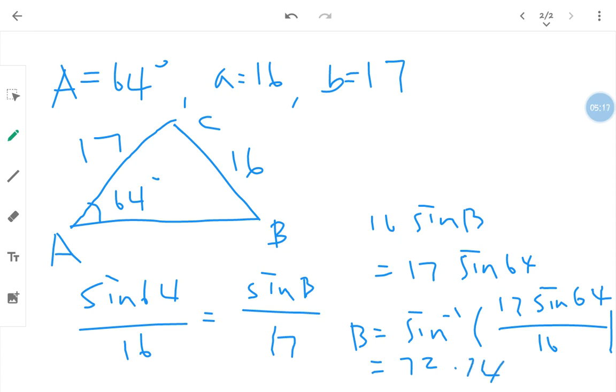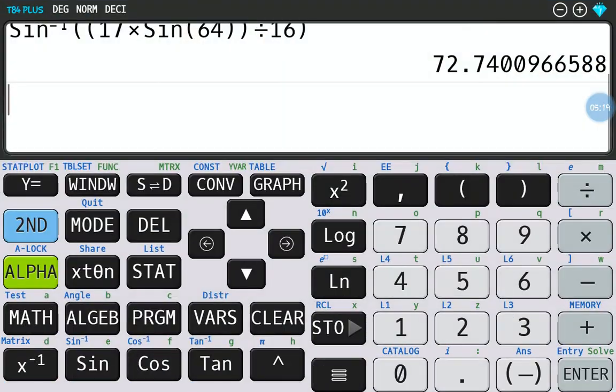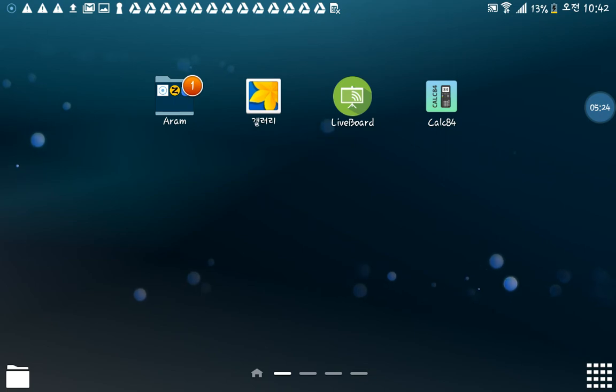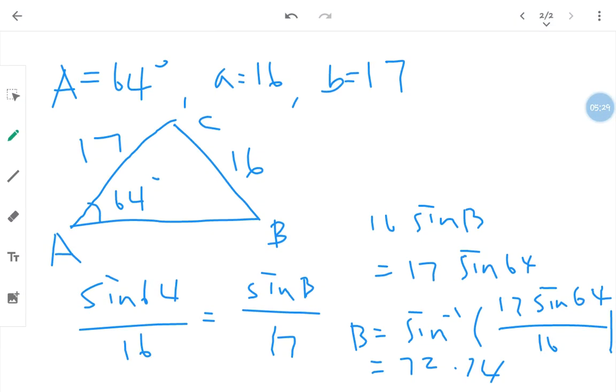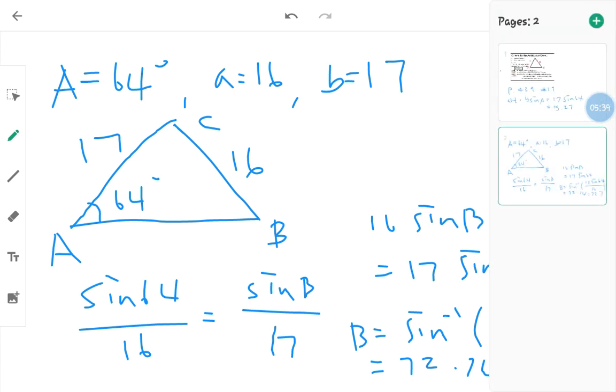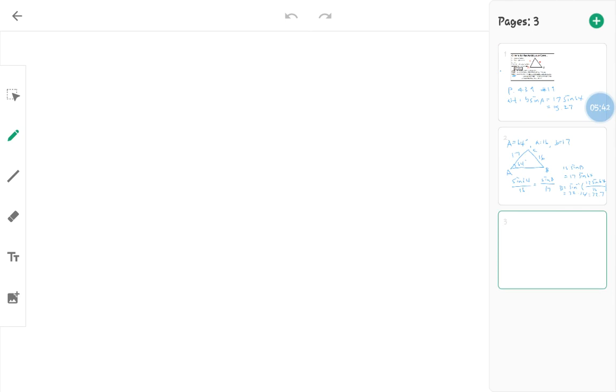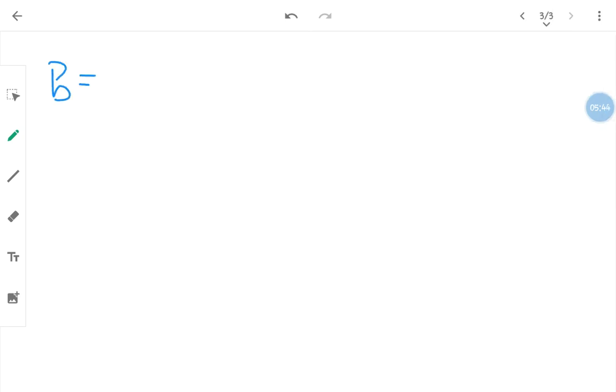Let me double check it. 72.74. So we're going to round to the nearest tenth because they don't give us any direction for that. So B would be 72.7.